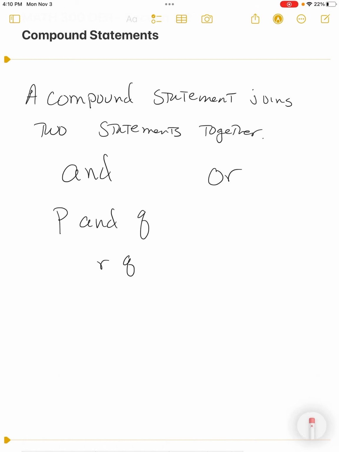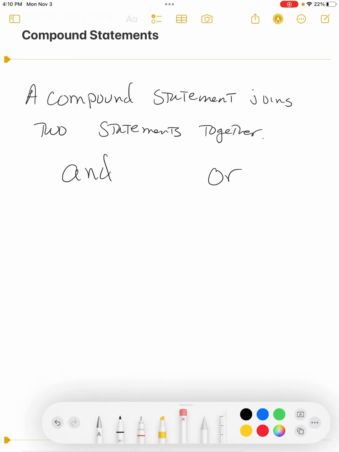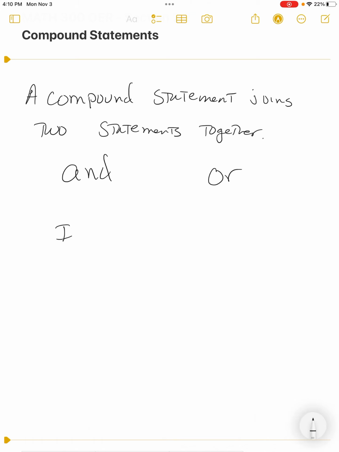So or is also a very standard one to use, involving two statements. There's also if something happens, then another statement would happen. And there's also what we call the biconditional, if and only if, where it's true both ways, right?